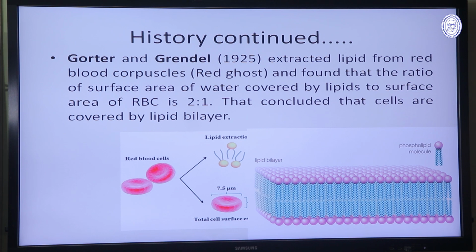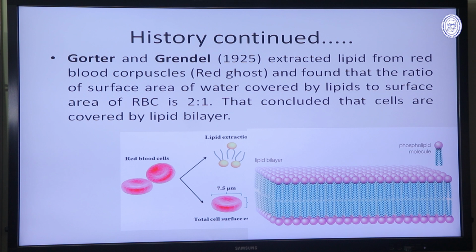Why? Because RBC lack nucleus and many cell organelles. So, if we can lyse the RBC, the most amount of boundary structure or the components can be extracted. They then calculated the ratio of surface area of these extracted lipids with water divided by the surface area of RBC as a whole or intact, and found that this ratio is 2:1.